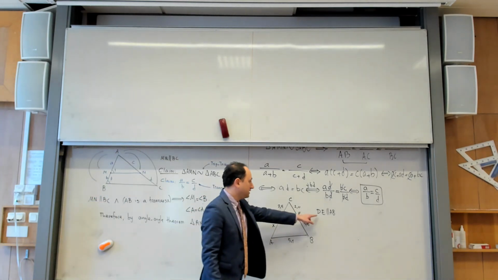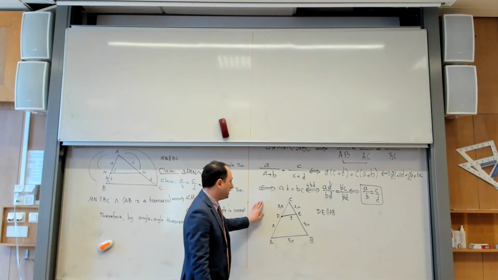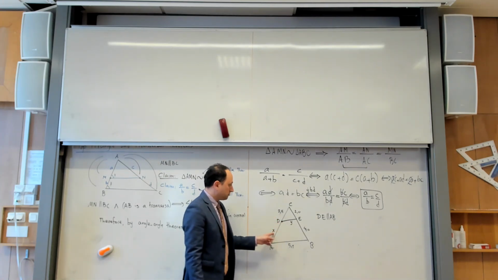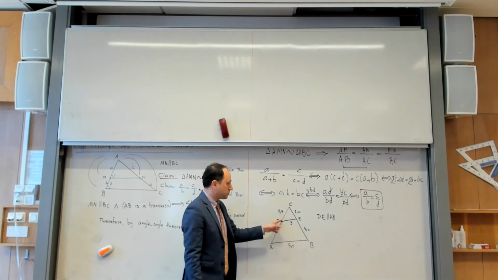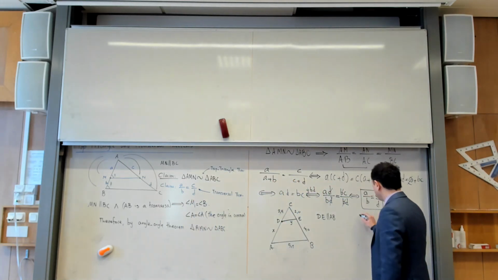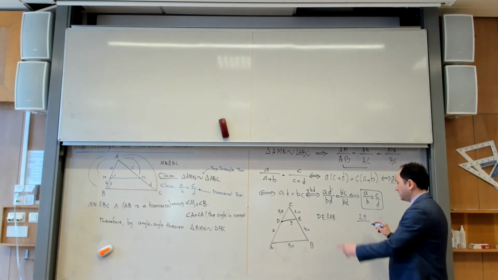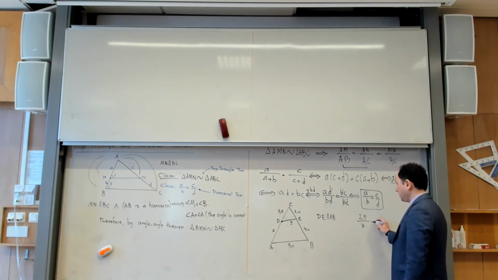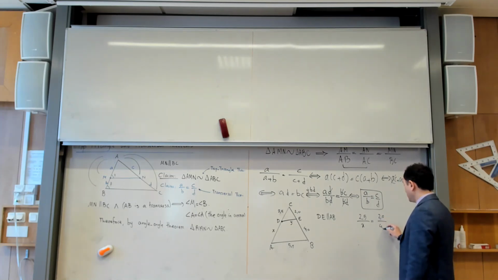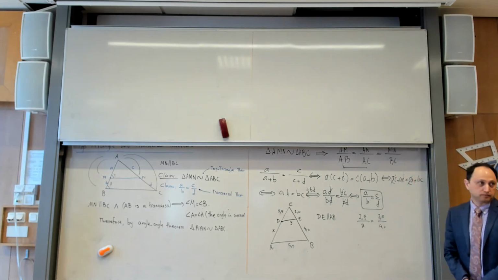Because DE is parallel to AB, if you want to find X, you can use this transversal theorem. You can immediately write 2.5 divided by X is equal to 20 divided by 40. Is that understandable? As simple as that.